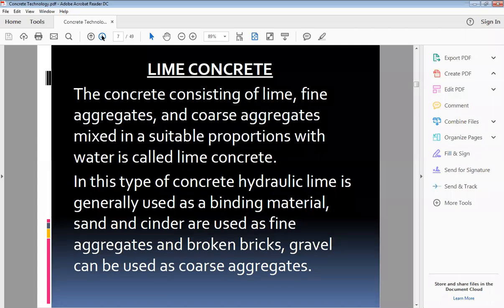So here we directly use lime as a binding agent. Concrete consisting of lime, fine aggregate, and coarse aggregate mixed in a suitable proportion is called lime concrete. We can also use broken stone, broken bricks, or gravel as coarse aggregate.